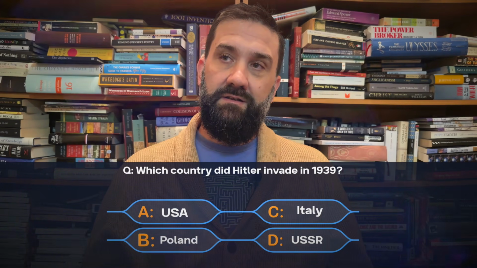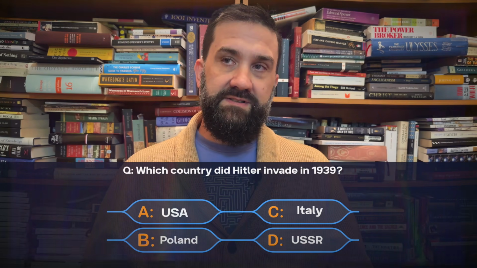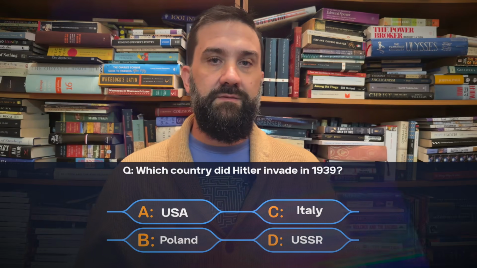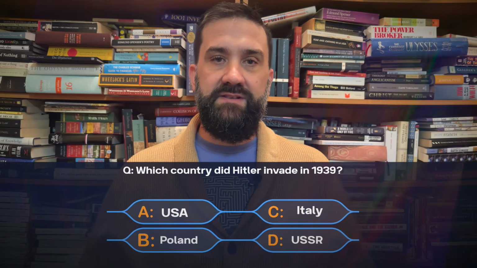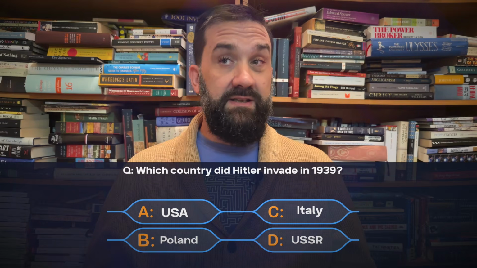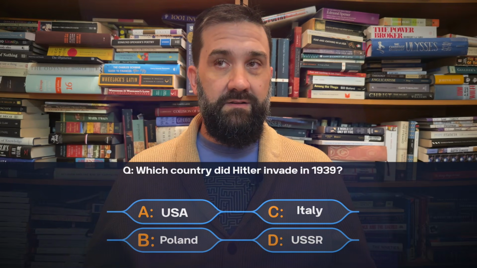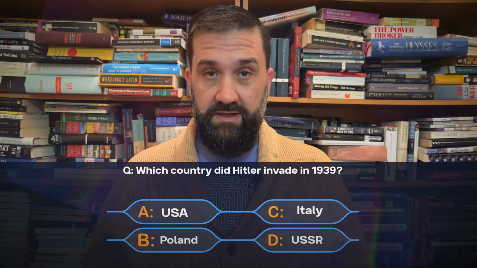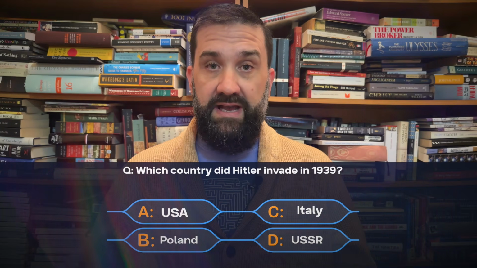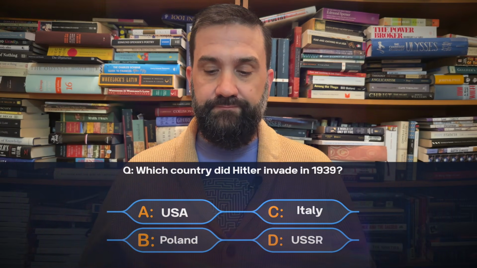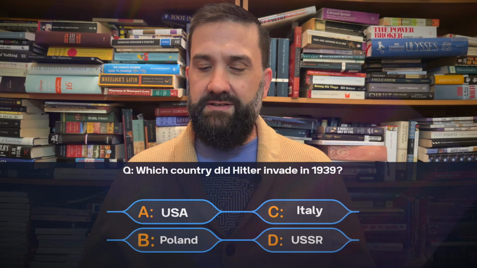He did not invade Italy, because Germany and Italy, I believe, were part of that axis of powers. They were together. He did end up invading the Soviet Union at one point, even though they had a pact of alliance.